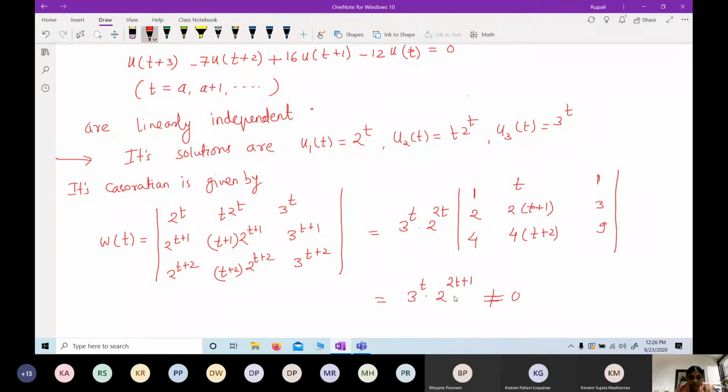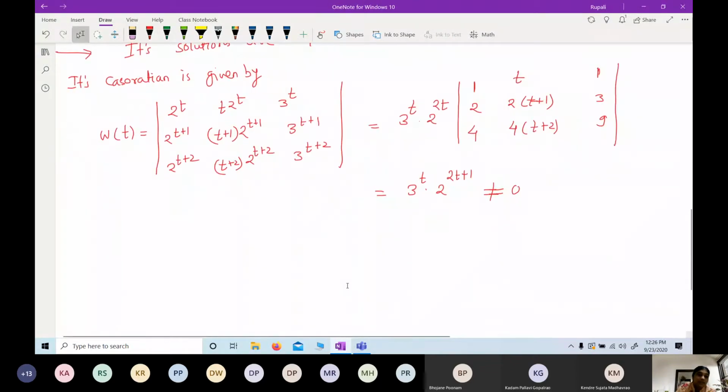So for all t, this Casoratian is not equal to 0. Since the Casoratian is not equal to 0, we can say the solutions are linearly independent. If we get it equal to 0, then we will say it is linearly dependent.